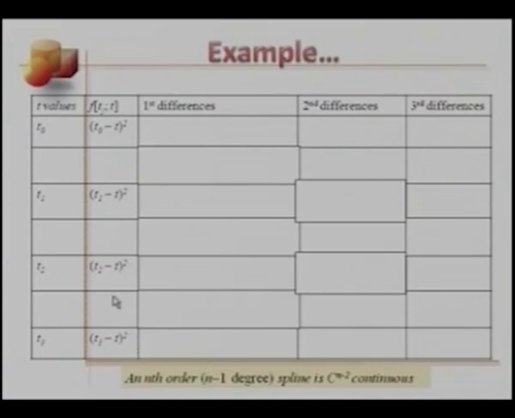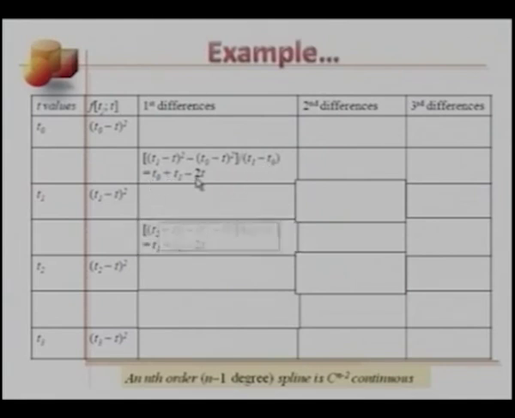The first difference, using this information here and this information here, can be written as (t1 minus t) the whole square minus (t0 minus t) the whole squared over t1 minus t0. Now this is equal to t0 plus t1 minus 2t.